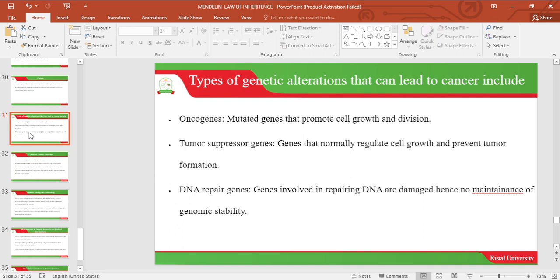Then we have the DNA repair genes. These are genes involved in repairing DNA. If they are damaged, it means that there is no maintenance of genomic stability, and this can lead to cancer.